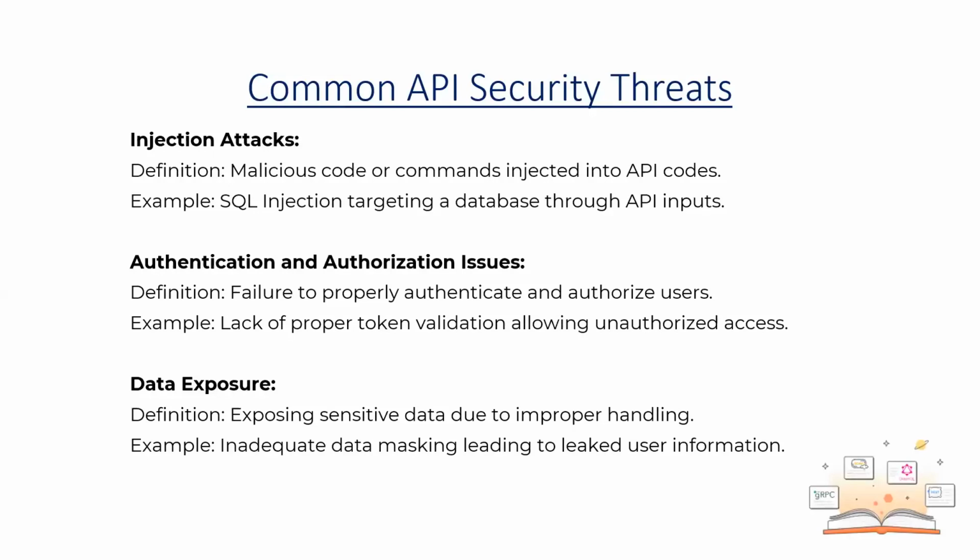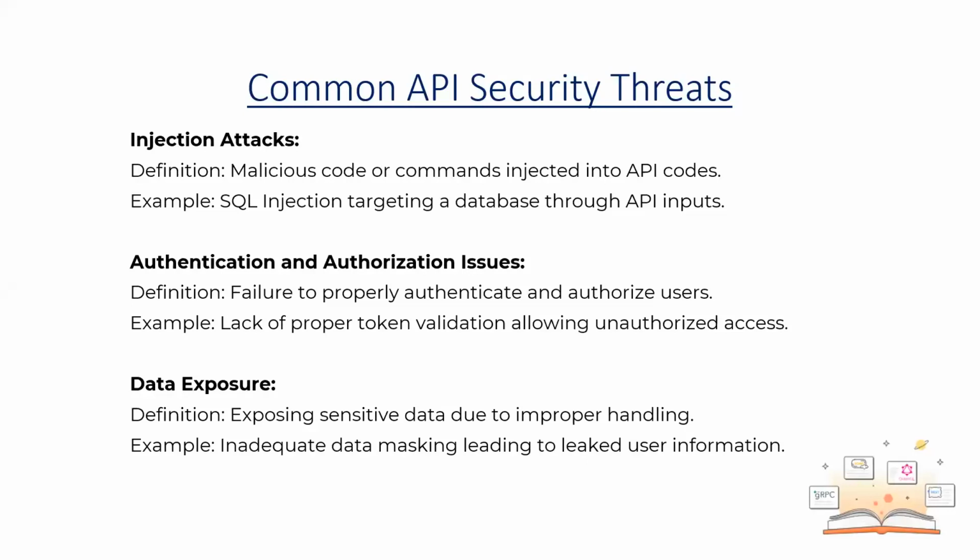So we also have data exposure, right? Exposing sensitive data due to improper handling can also be a major problem. So you have instances where, I would say maybe, your API key is exposed, or you are not passing it properly, or the way you pass it, you probably pass it in a request payload or params and the likes.